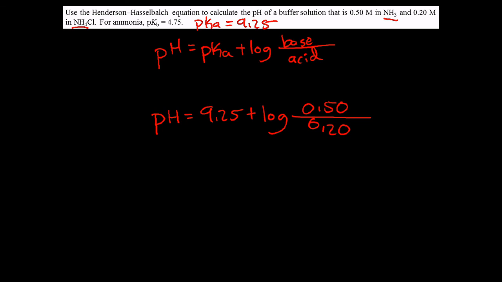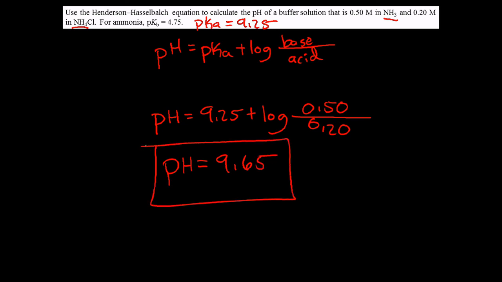Log of 0.5 divided by 0.2. 9.25 plus that value. My pH is 9.65. So a slightly basic buffer. Not terribly basic, but that's fine. We didn't need to be terribly basic.